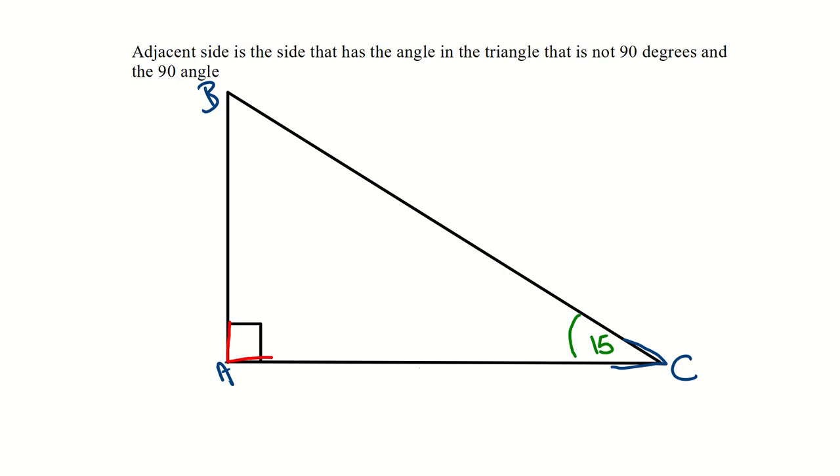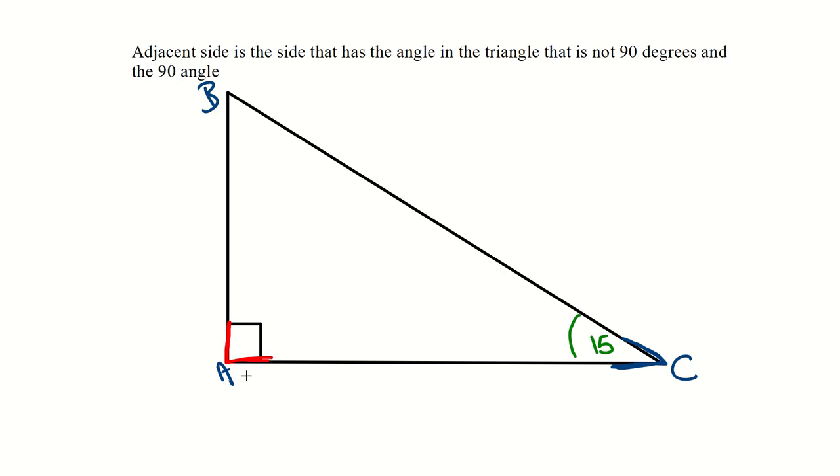Same thing that we're going to do. We're going to draw a line that makes up the 90 degrees, and then we're going to draw a line that makes up that non-90 degrees, which is this right here. The side that is shared would be your adjacent.